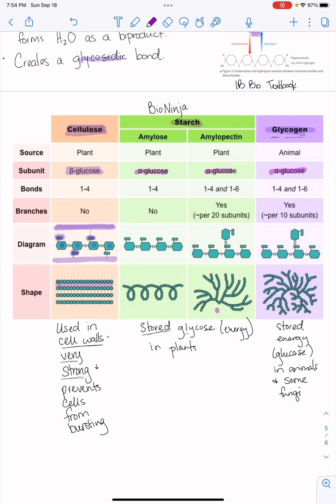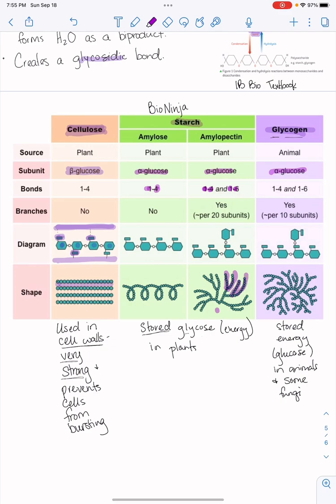But anyway, amylopectin and glycogen can have bonds that form between the first and the fourth carbons, but also the first and the sixth. So it can form essentially 2 glycosidic bonds potentially. And so that's why you have this kind of branching happening.